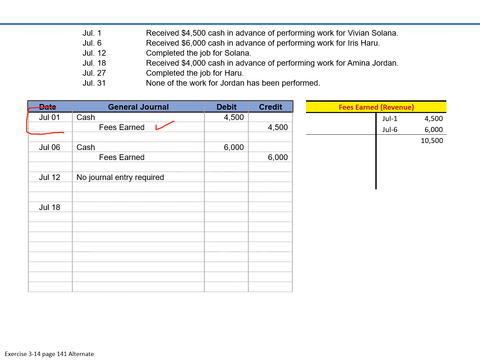Then on July 18th, when we receive $4,000 cash in advance, debit cash, credit fees earned. Then on July 27th, there's no journal entry required because the job for Haru was already recorded to fees earned.